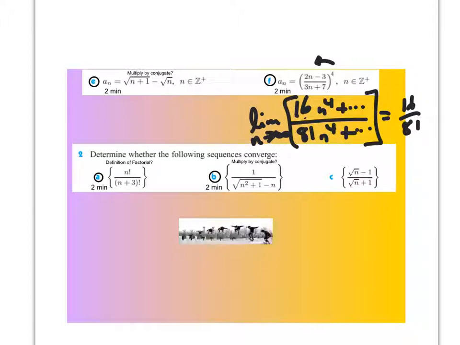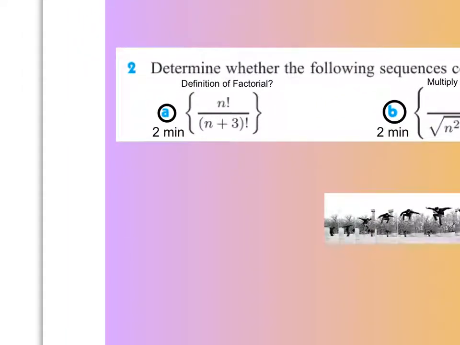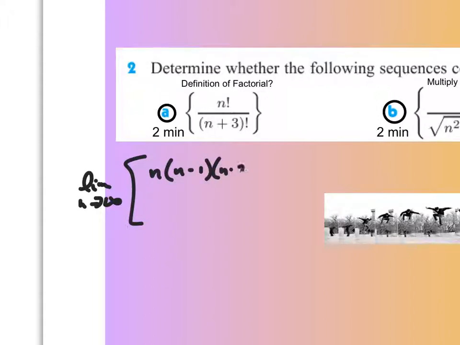All right, how about A on number 2? Let's look at that one. I want to write out n factorial. So let me write out limit as n goes to infinity of, I'm going to write out n factorial as n times n minus 1 times n minus 2 times n minus 3, dot dot dot, all the way down the line.